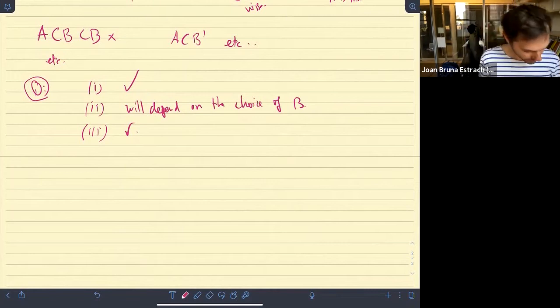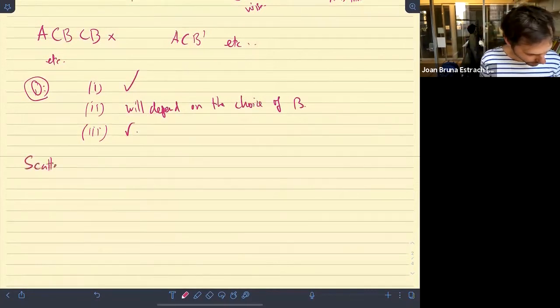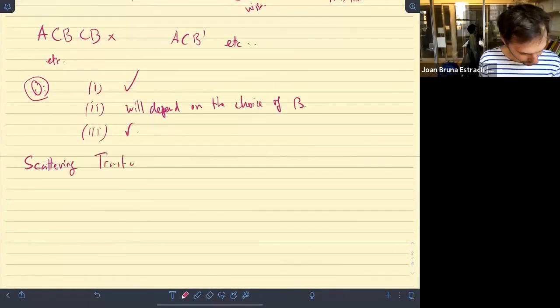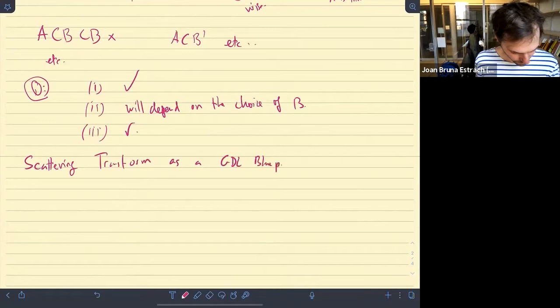Okay, so now let's go back to the scattering transform as the blueprint for the translation.